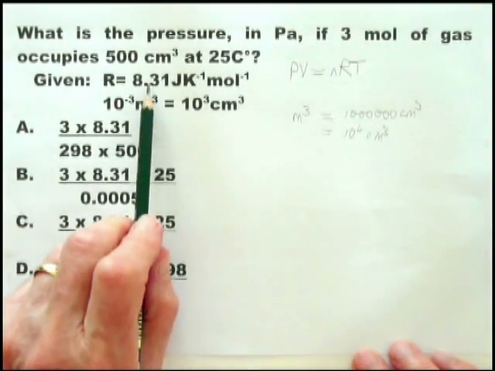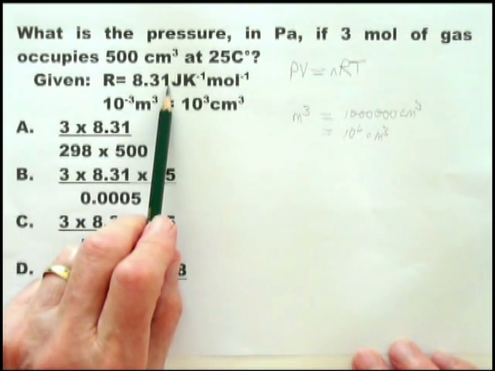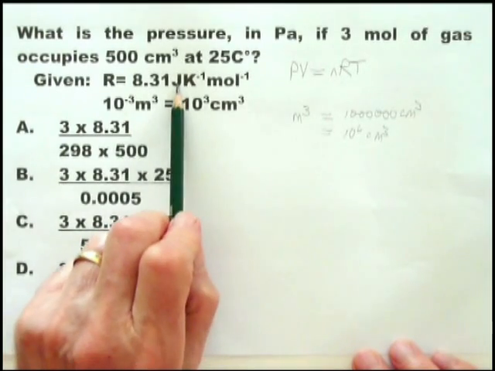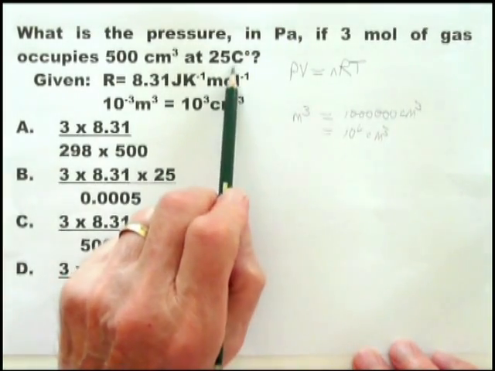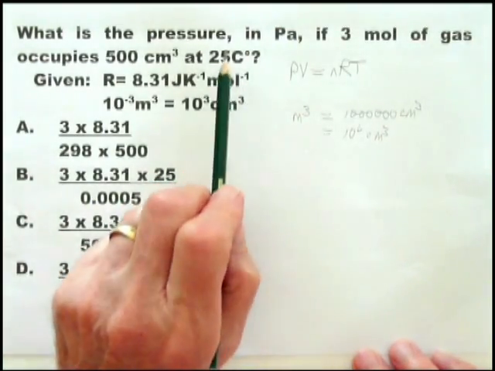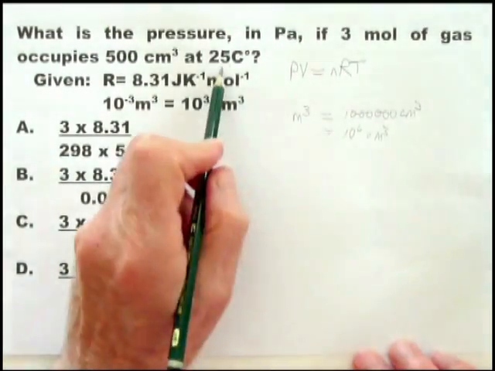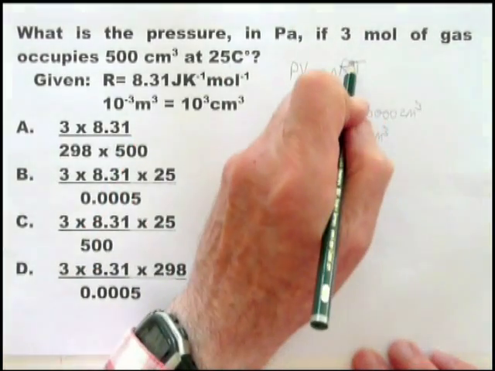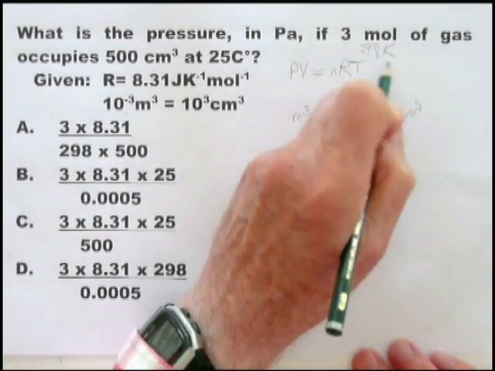And they've also given you the gas constant, which is very nice of them, 8.31, which is the normal value in joules per Kelvin per mole. You look at the temperature and you know it's not centigrade, it's Kelvin. So you add 273 and you get a T of 298 Kelvin.